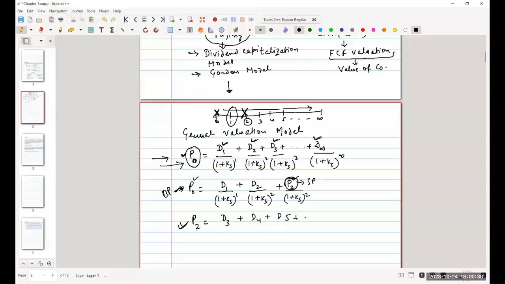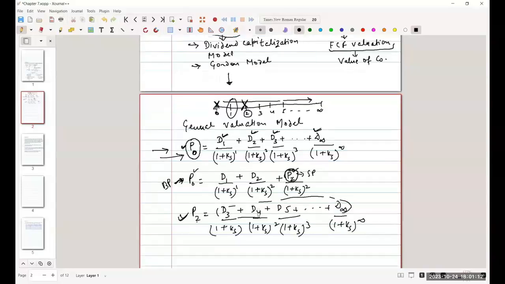And then the present value of the same thing, right? So that's why P2 again can be collapsed into simply a function of dividends, going up till infinity, and so on, just for the sake of completion.